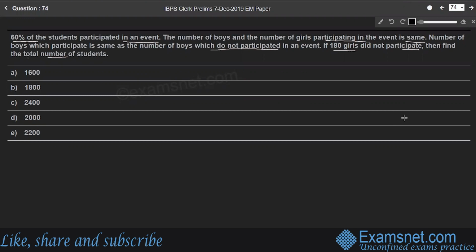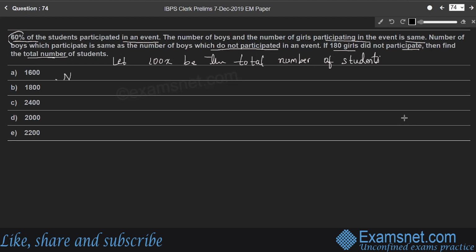So let us assume 100x is the total number of students. So let us write, let 100x be the total number of students. Here, according to the question, 60% of the students participated in the event.